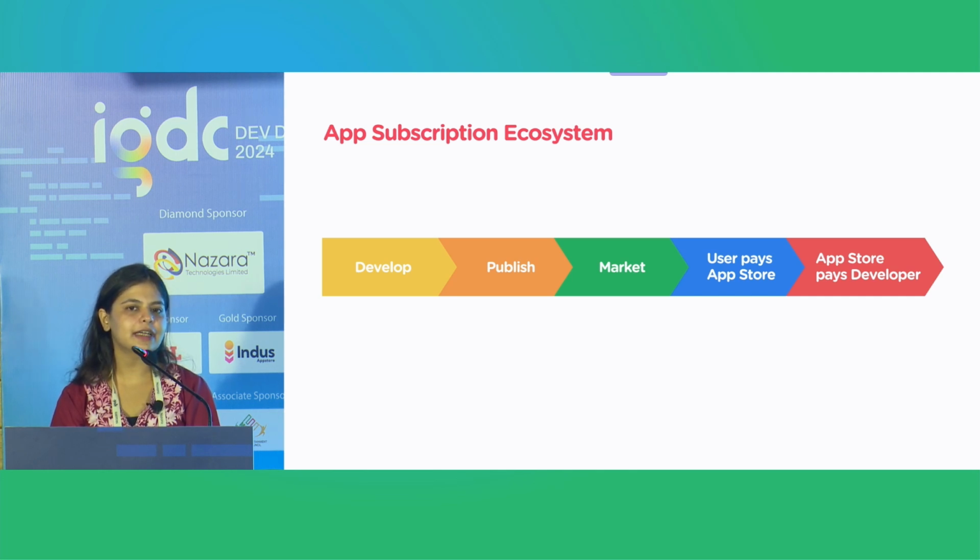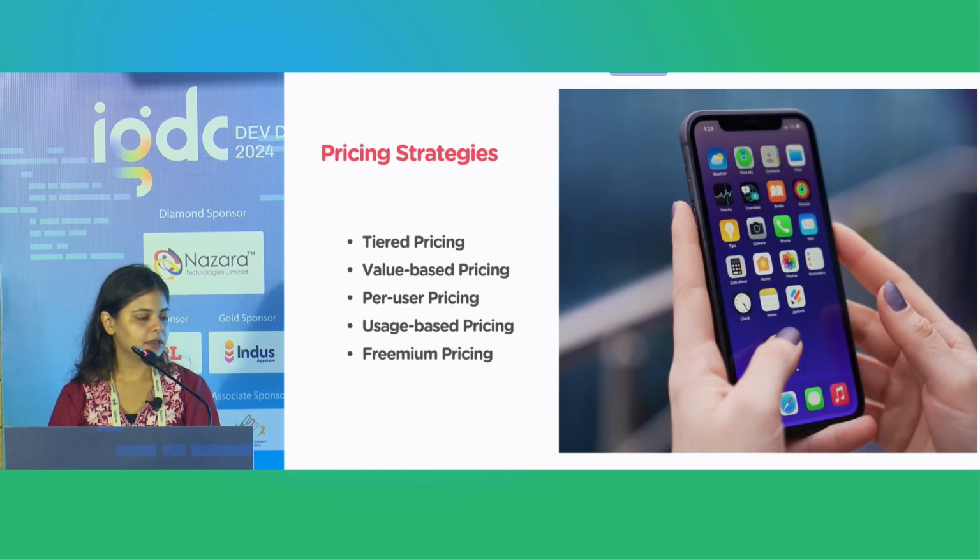So that's a significant cut directly on your top line. But if it's a subscription based model and you have customers who keep on coming back, then your fees will be reduced to 15%. So that is why it makes a lot of sense to have longer LTV games and introduce subscription based models. What could be the different pricing strategies that you can take?